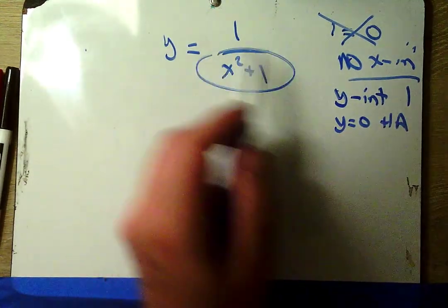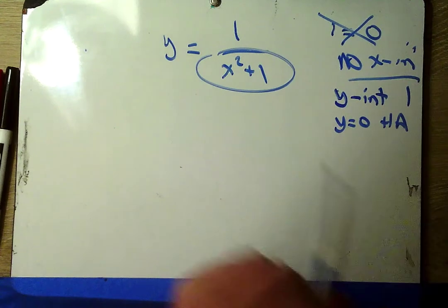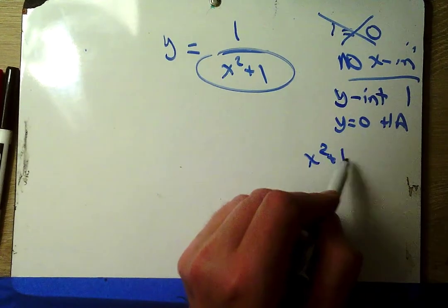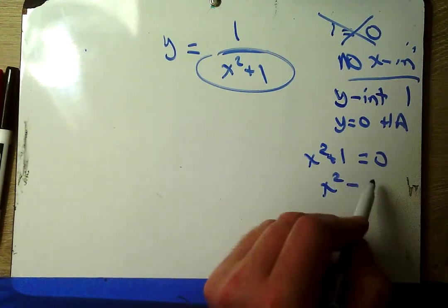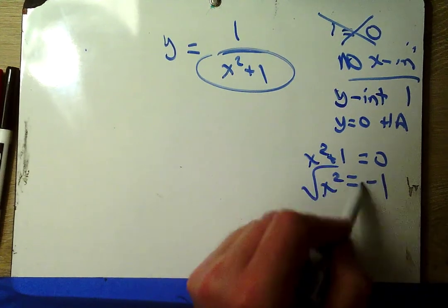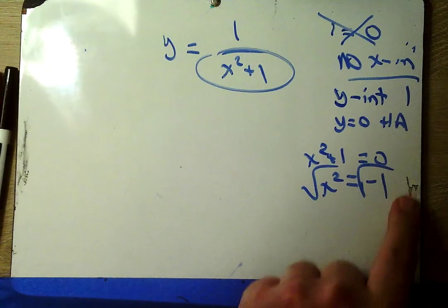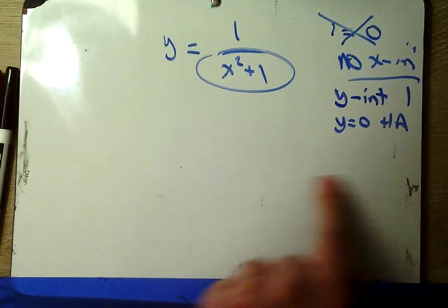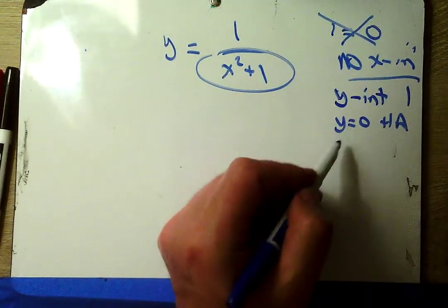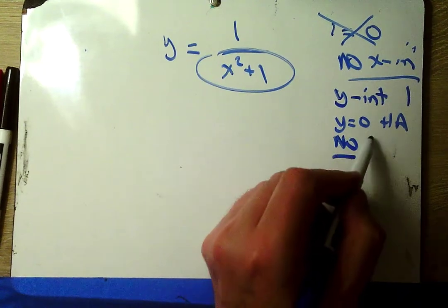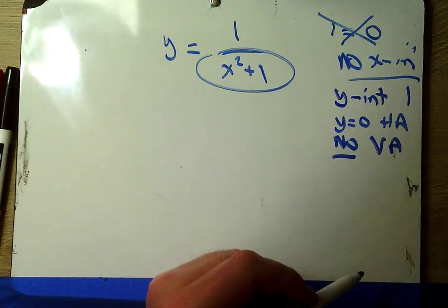But what about the vertical asymptotes? Do you see? X squared plus 1 equals 0. X squared equals negative 1. You take the square root. I'm not taking the square root of that. I'm not putting any imaginary numbers on our real number graphs. What does that mean? It means no vertical asymptote.